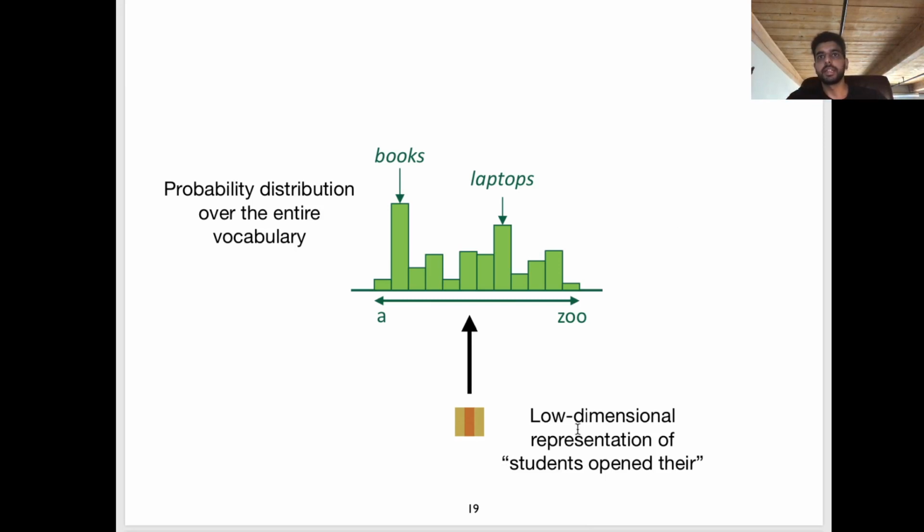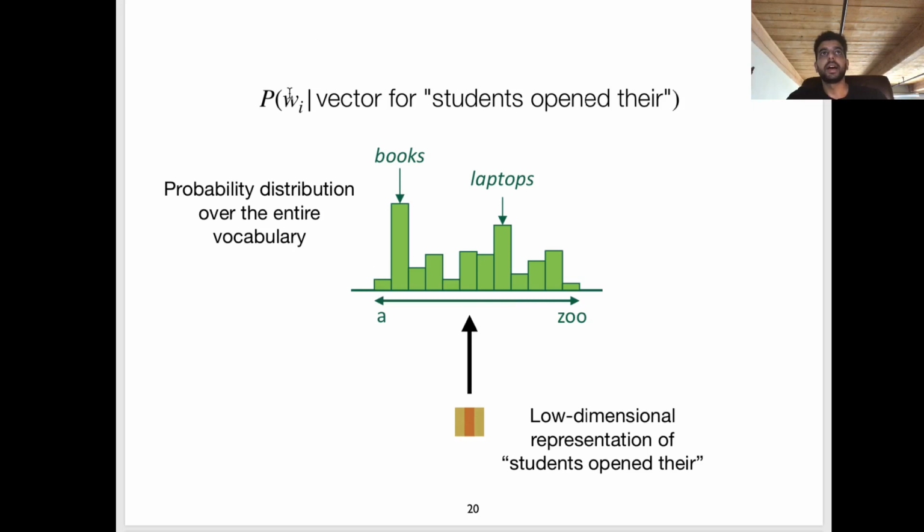In this particular example, if I have my low-dimensional representation of students open there, so let's say it's this 3-dimensional vector here, what I want is a probability distribution over the entire vocabulary, right? So however many word types there are in my vocabulary. And if this is a prefix that I'm observing at test time, I of course want the probabilities to be pretty reasonable, right? So maybe a high probability to something like books and laptops, and low probabilities to words that just don't make sense within this context.